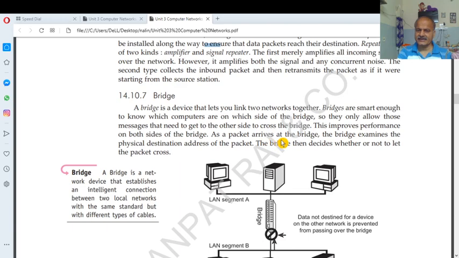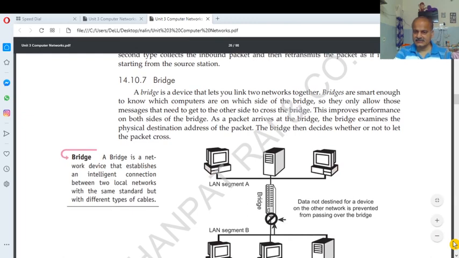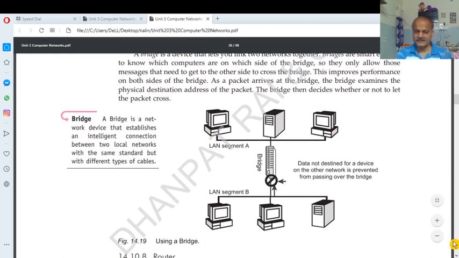As a packet arrives, the bridge examines the physical destination address of the packet. The bridge then decides whether or not to let the packet cross. There is a picture given here. This is one network and this is another network.